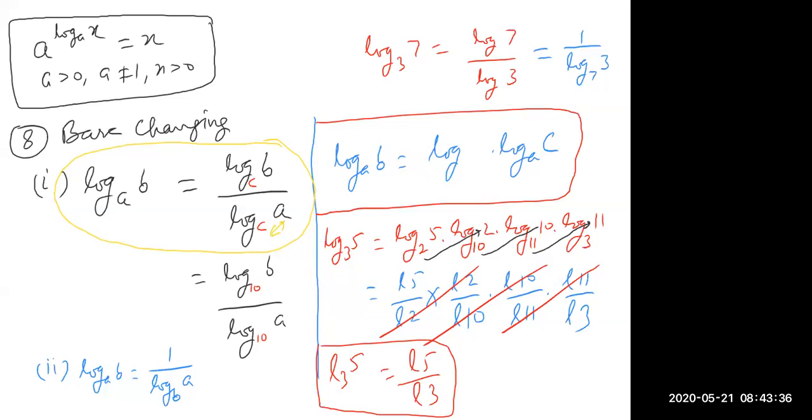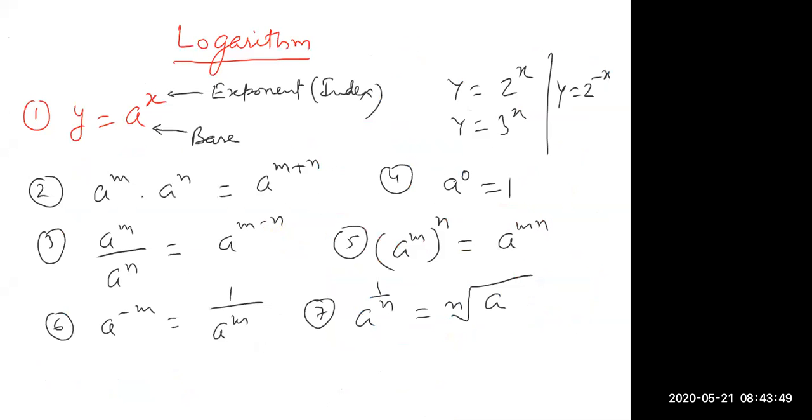One question I am taking based on this property. See, the question is: simplify log_3 4, log_4 5, log_5 6, log_6 7, log_7 8, and log_8 9.